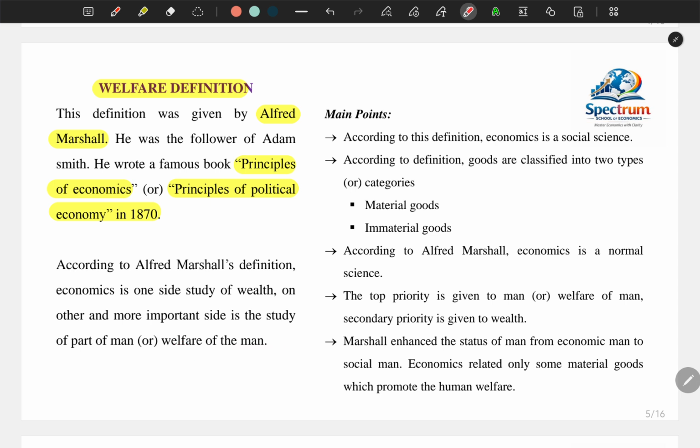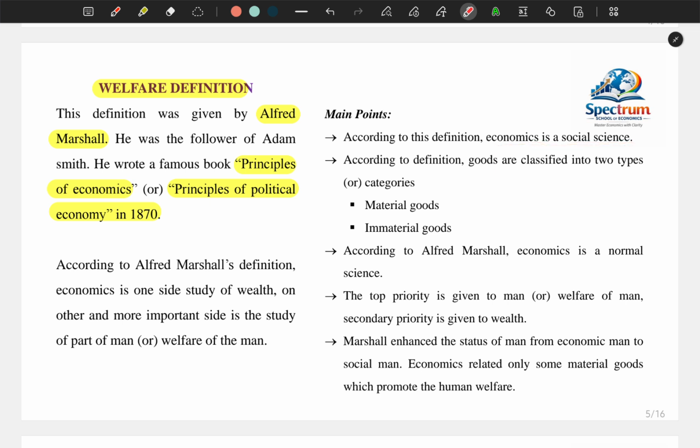He stressed the term welfare, and according to this definition, economics is a social science. Goods are classified into two categories, material goods and immaterial goods. Here the welfare definition tells us that economics is a social science.